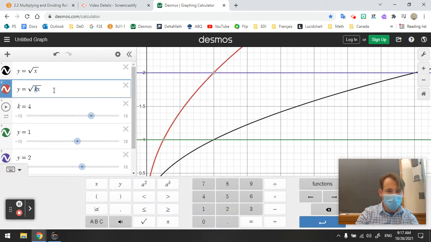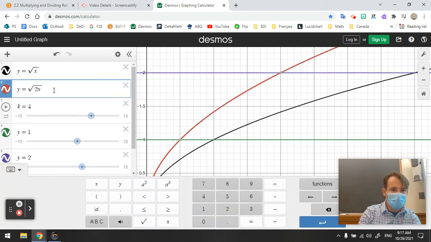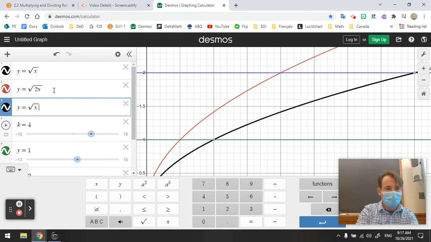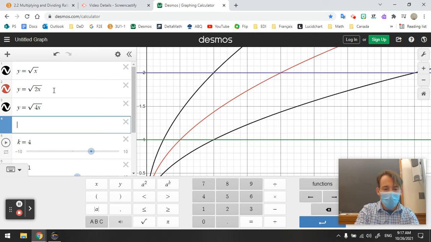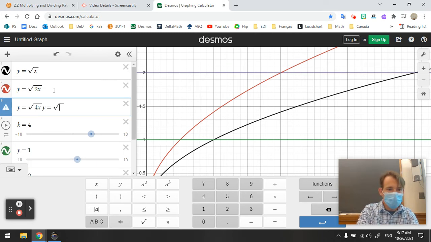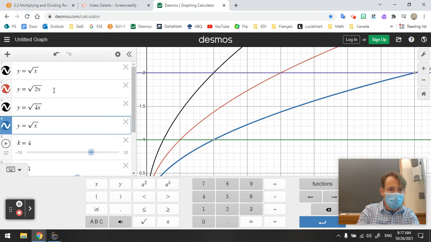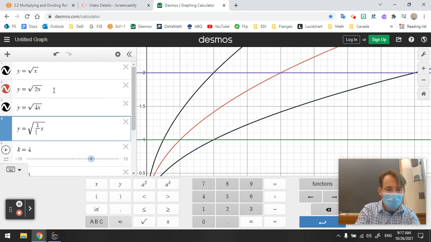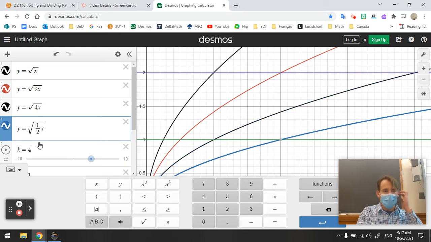I'll graph them each separately. This is 2x squared. This is y equals 4x squared. And now let's take a look at y equals 1/2 multiplied by x. All right. So let's investigate these different ones here.